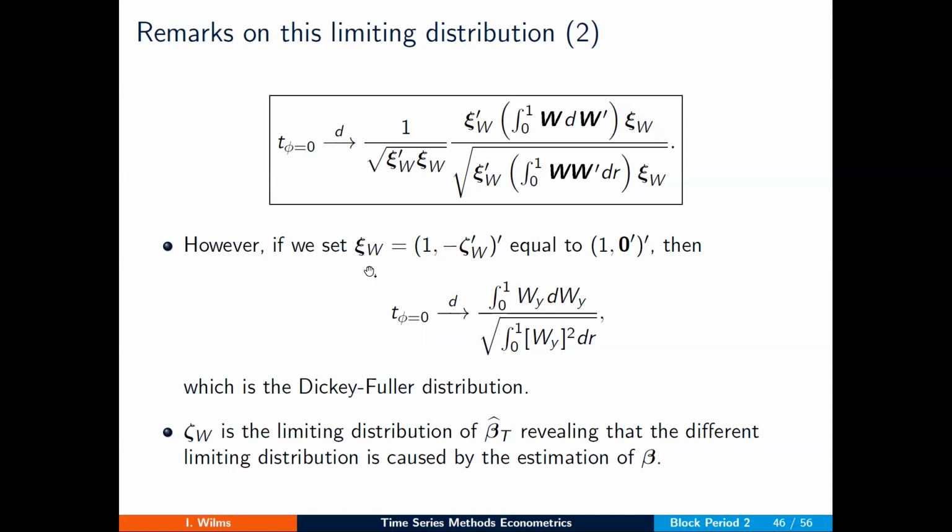If we would, however, not have this initial regression, so when the second component would be 0, then we would retrieve the Dickey-Fuller distribution again. So the extra terms are just due to the initial regression in levels that we perform to obtain the residuals on which we need to perform our unit root test.